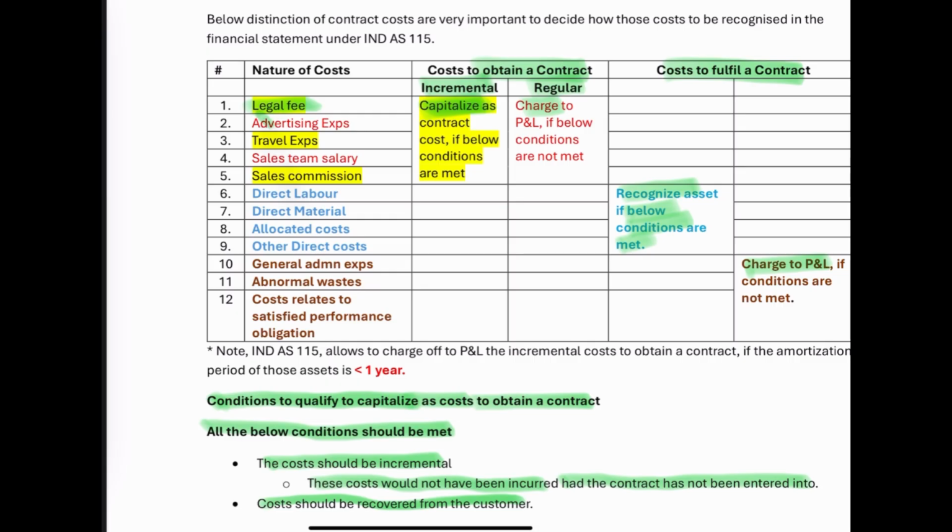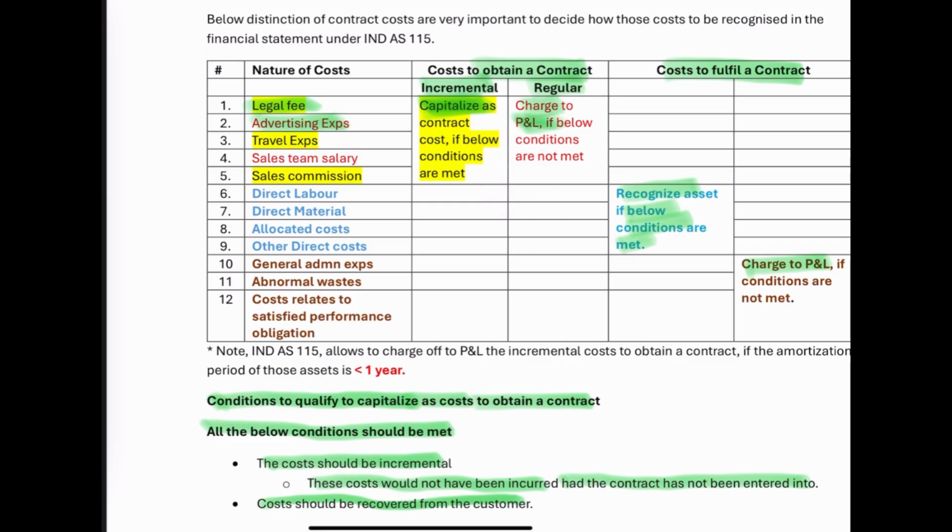Similarly, if you take advertisement expenses, generally they are regular in nature, so you cannot establish a one-on-one correlation between advertisement expenses and a specific contract. In that case it should be charged to P&L. And travel expenses can be interpreted in both ways. If you have travel expenses to bag a specific contract, and those travel expenses would not be incurred if the contract is not getting signed, then in that case it can be capitalized.